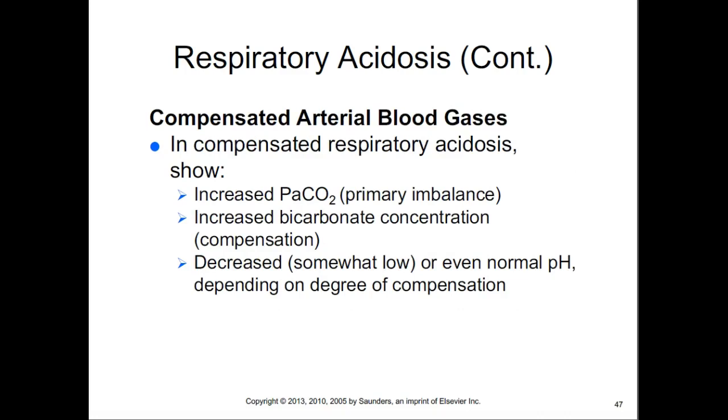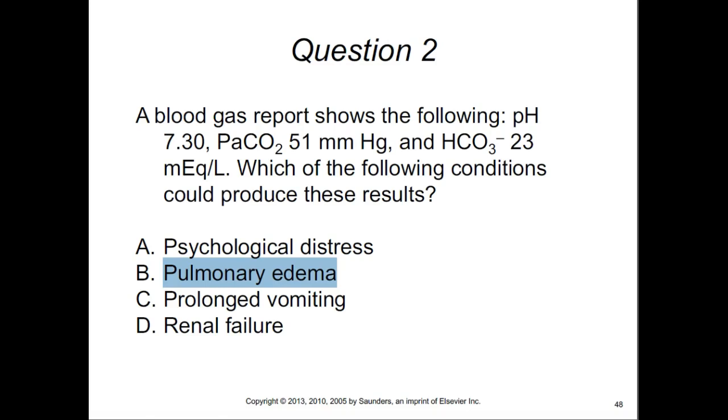In compensated arterial blood gases, we'll see respiratory acidosis with an increased partial pressure of carbon dioxide, an increased bicarbonate concentration, and a decreased or even normal pH, depending on the level of compensation.